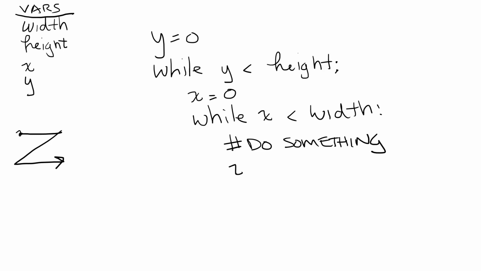Now x plus equals 1. We jump outside of this code block, y plus equals 1. And again, we're traversing the image like this.